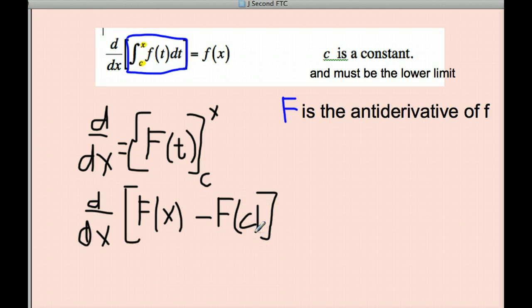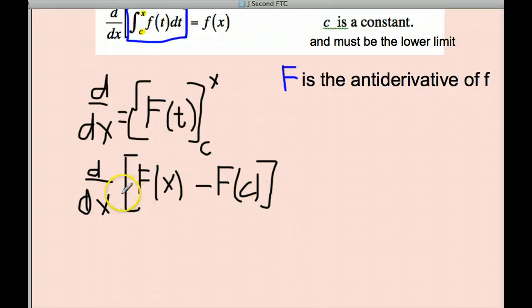Well, what we notice is in this case, even though I've taken this integral, the next step is to take a derivative. If I were to break this apart, don't I know the derivative of functions that have x's in them? So I can take this derivative.